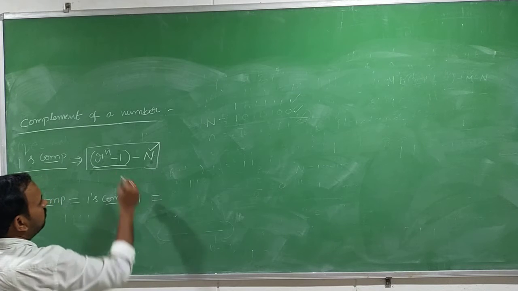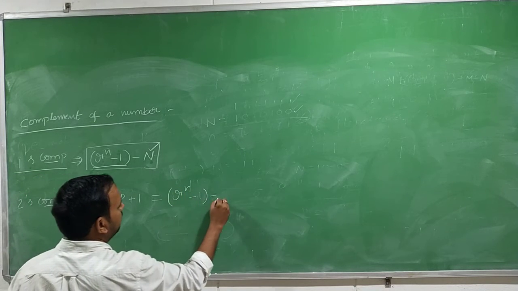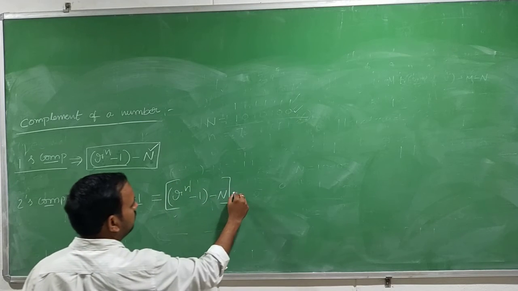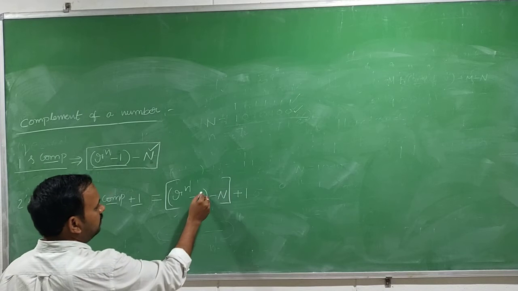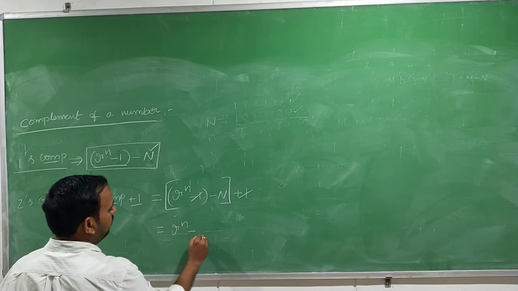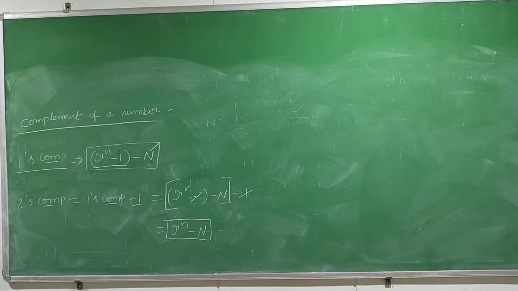So what is the formula for 1's complement? R power n minus 1 minus n, plus 1. If you do this, the minus 1 and plus 1 will cancel. So R power n minus n is our 2's complement.